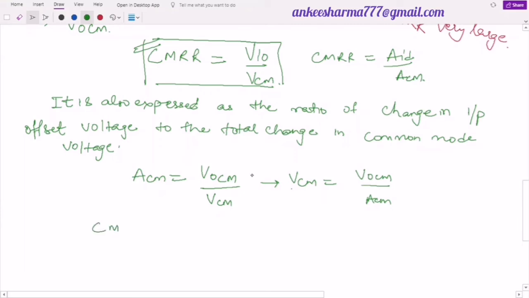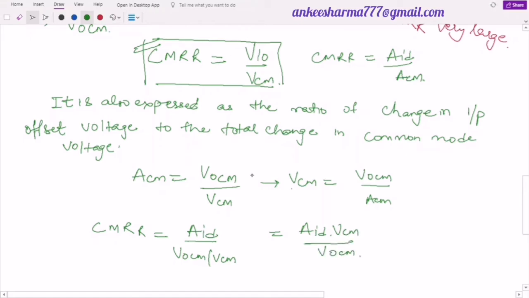So I will write here CMRR, which is equal to AID upon ACM. ACM can now be represented as VOCM by VCM, and it can be further represented as AID into VCM upon VOCM.